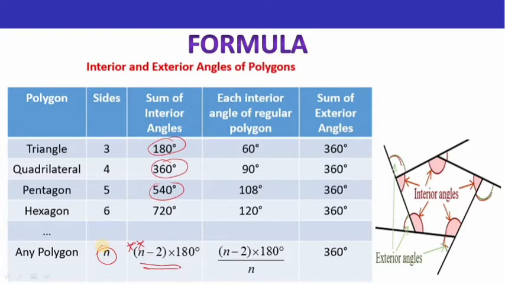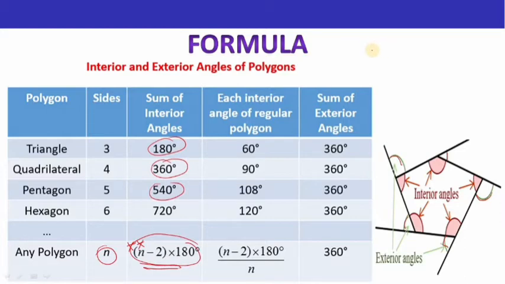It doesn't matter whether the polygon is a regular or an irregular polygon. This formula is for both regular and irregular polygons. Now you know that in an irregular polygon you have different, unequal sides, isn't it? In the same way we will have unequal interior angles also.